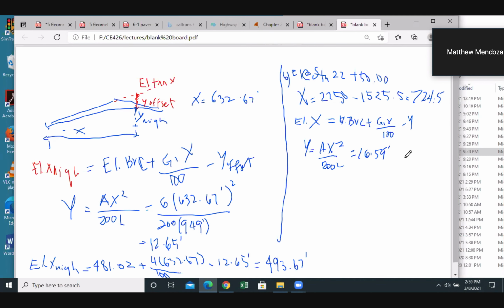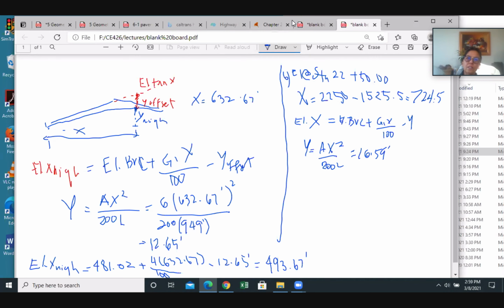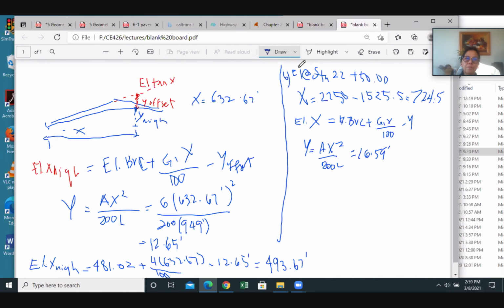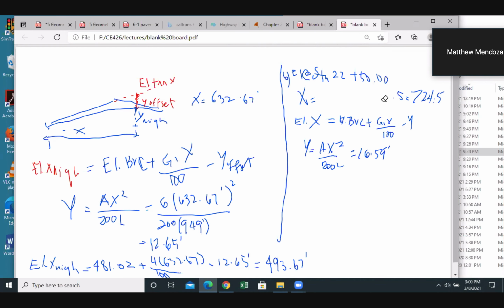Professor, can you show the page with the calculation for the station of the BBC, please? This one? Okay. So the station of the BBC is equal to... I think it was just a page of calculation before this one.